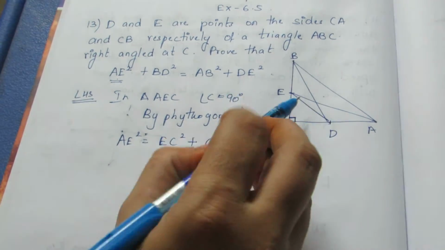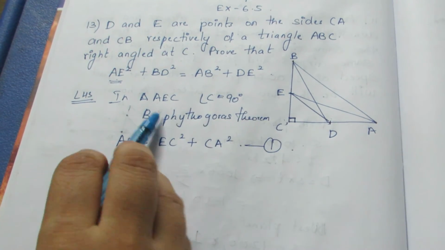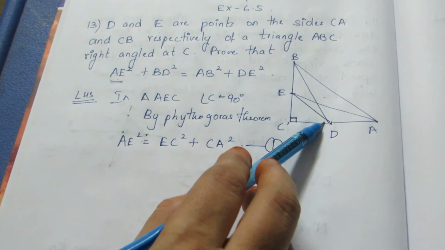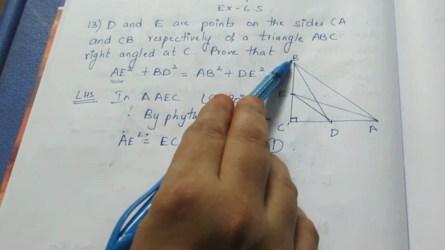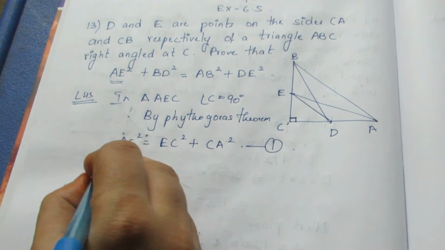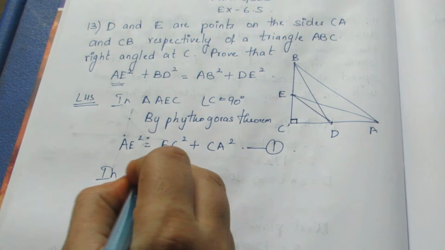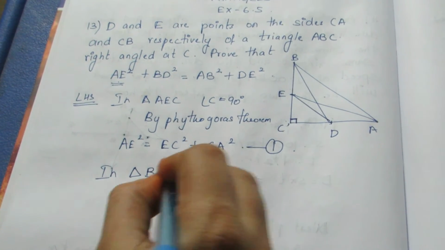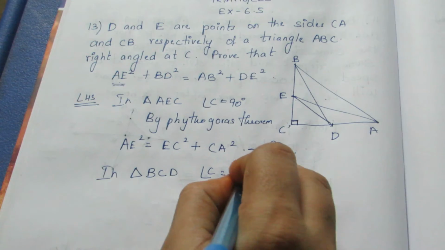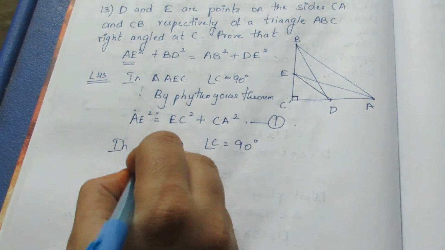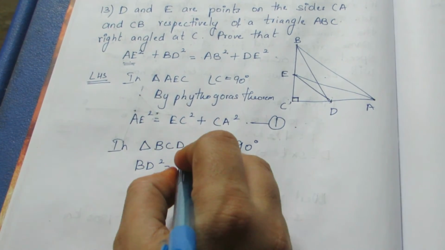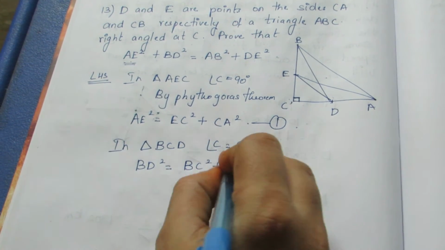Now in triangle BCD, I want BD. So taking BD as the hypotenuse, I am taking this triangle. In triangle BCD, angle C equals 90 degrees. So we know that BD square equals BC square plus CD square.